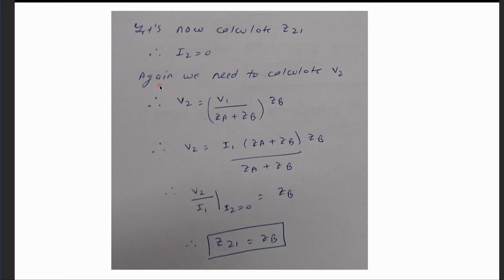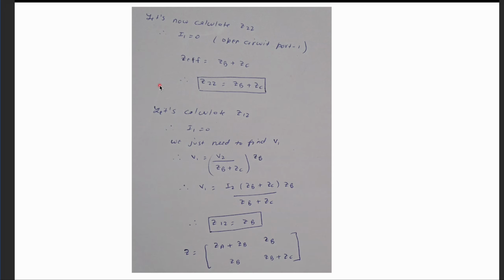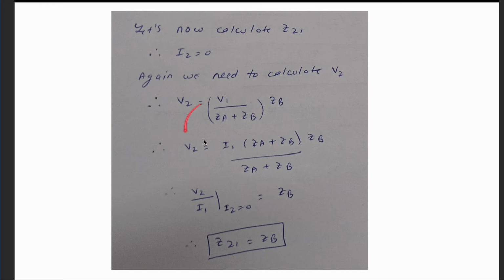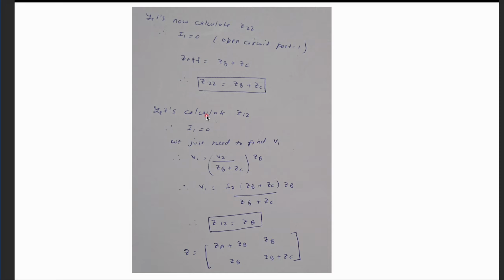And now you can calculate the value of Z22. Again, I have told you Z22 will be just ZB plus ZC, and now you can calculate Z12 also. For Z12 you need to put I1 equal to 0, and then you need to calculate the voltage V1 in terms of V2, like you did for the Z21 parameter, and you will again get ZB.